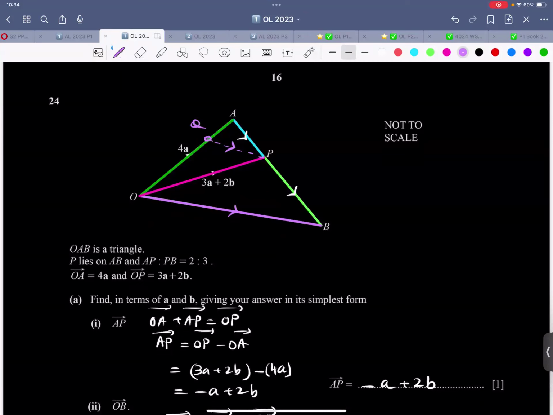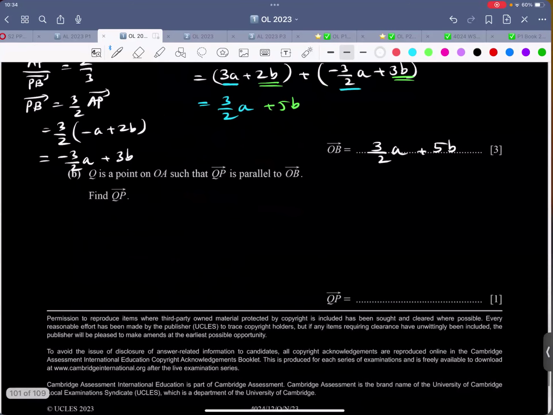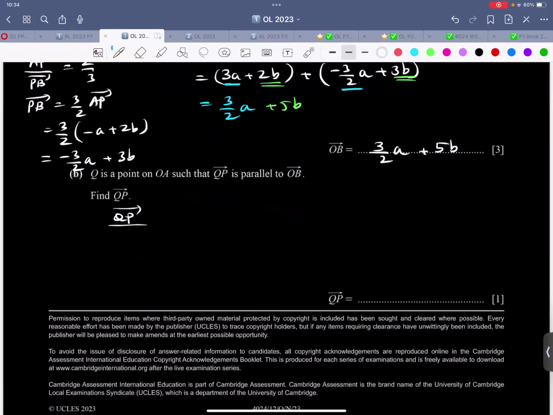Now the thing is, we don't have Q. How will we work it out? So now the game is, this is 2 and this whole thing is 5, because this is 3, so this is 5. Therefore QP to OB should be in the ratio of 2:5.